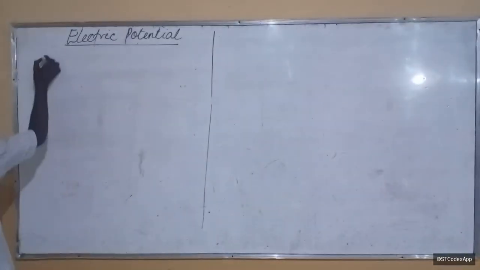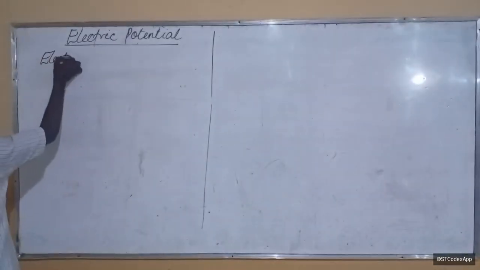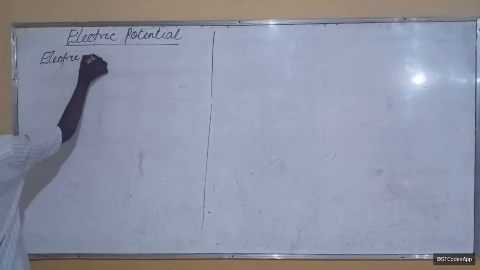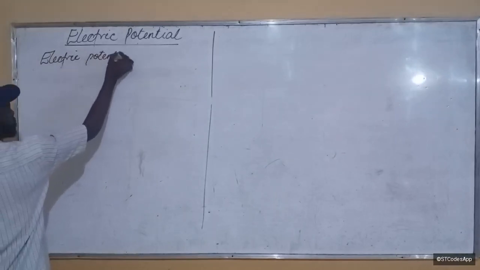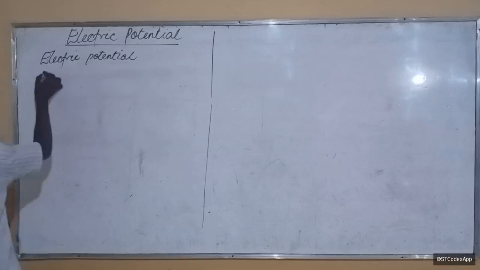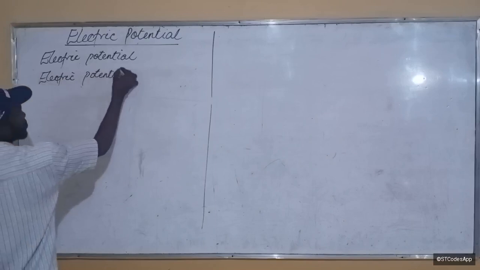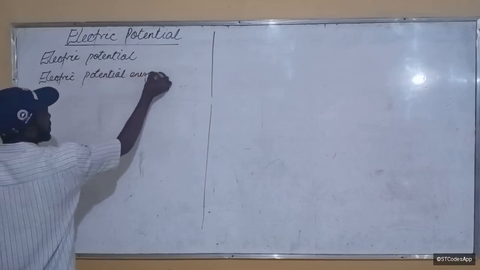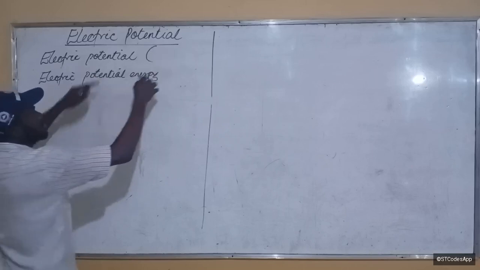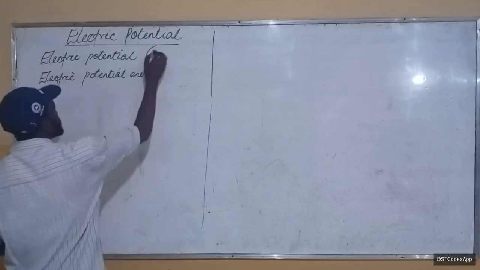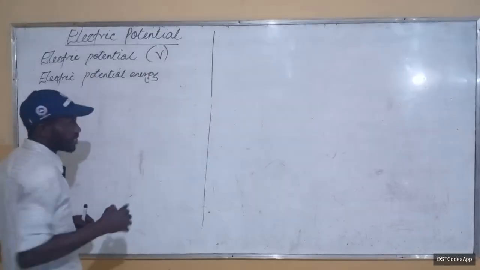We have electric potential and electric potential energy. Electric potential is denoted by V. That's the first difference between them.